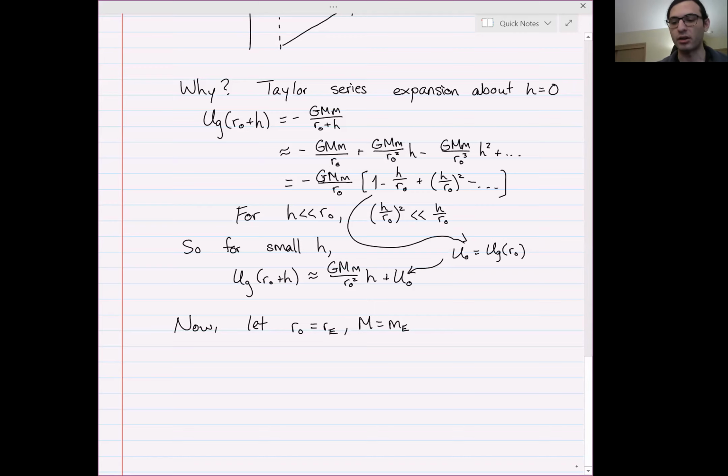So we're letting r naught be the radius of the Earth, and big M be the mass of the Earth. We're going to let h be significantly smaller than the radius of the Earth. That has to be true, otherwise this approximation fails. All of these together approximate U sub g near the surface of the Earth.